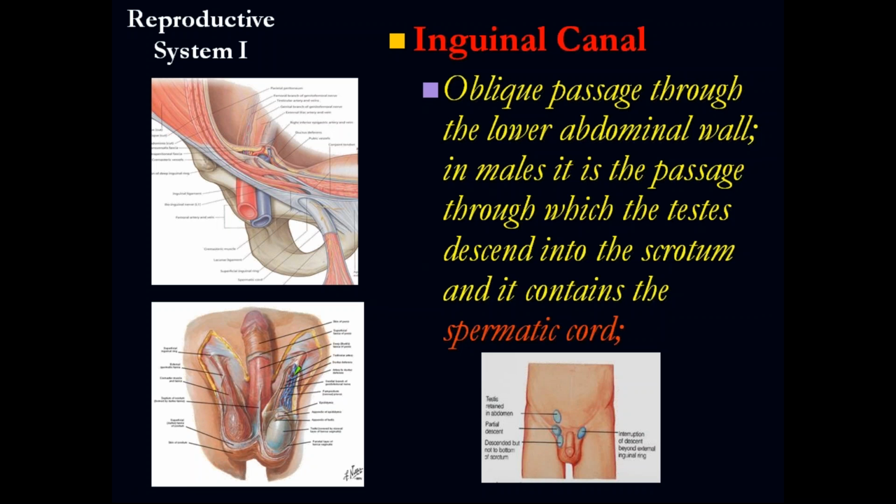And the testicle is going to be part of what we call the spermatic cord. What is the spermatic cord? The spermatic cord is the testicle, the VAN, meaning vein, artery, and nerve, and lymphatics. They are going to pass from, can you see this pathway? From the abdomen, they're going to descend all the way to the scrotum through this detail here.